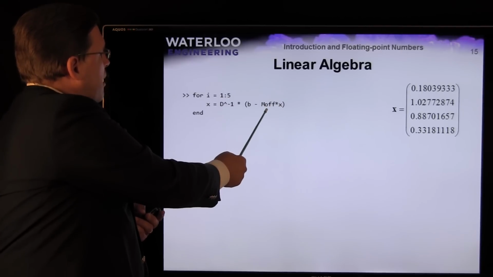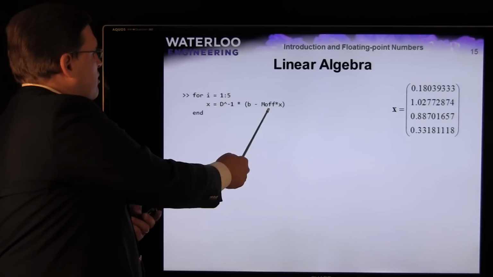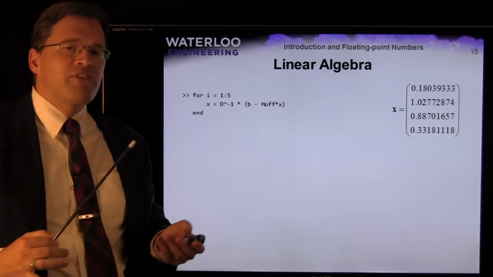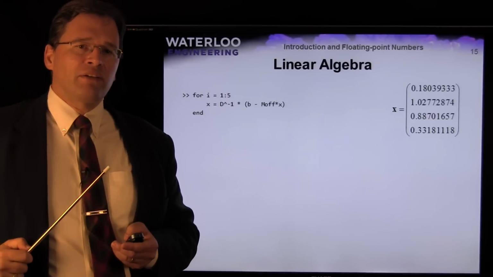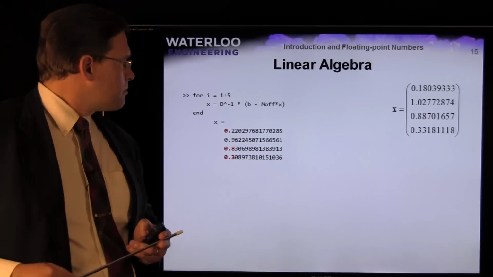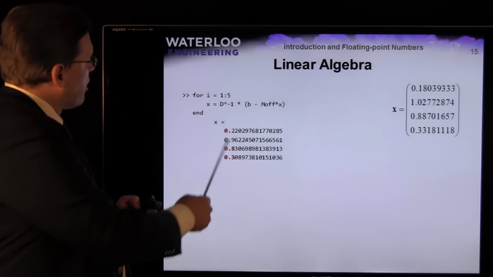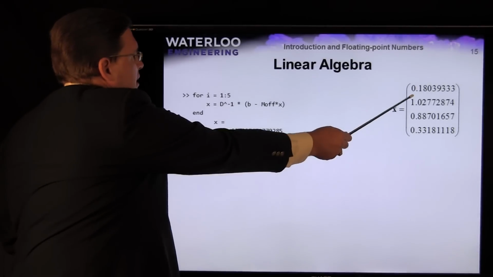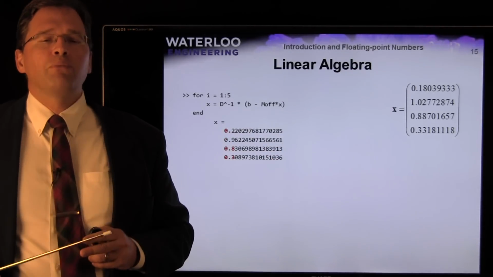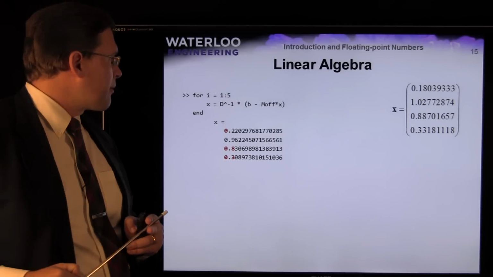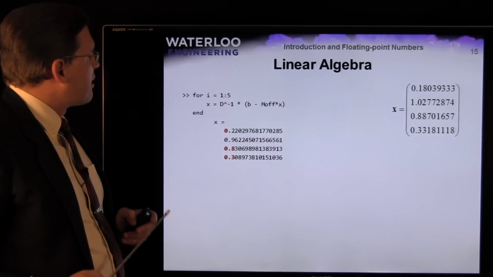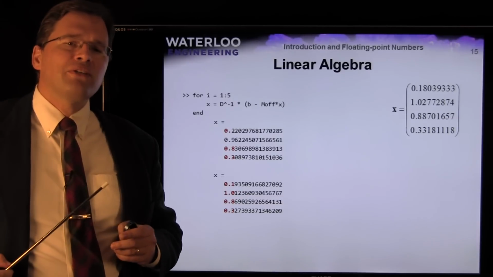Multiply x by the matrix of off-diagonal entries, subtract that result from the vector b, and then multiply all of that by the inverse of the diagonal matrix. Initially, it's not all that great, but at least the first entry is no longer off by more than 100% relative error. The other values, again, are also slowly appearing to converge.